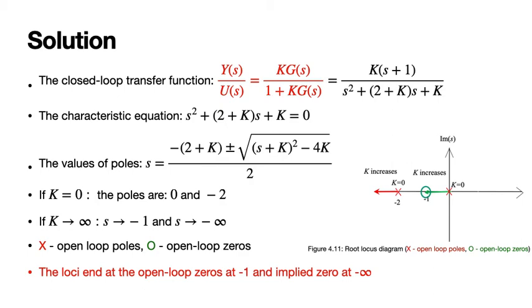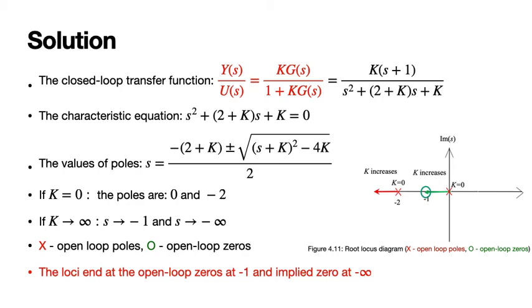So what we can conclude here is the root locus will end at the open loop zeros as well as at zeros at infinity. If we have a zero, the poles will end at that zero or at infinity.